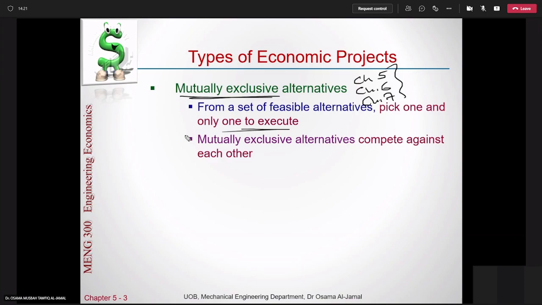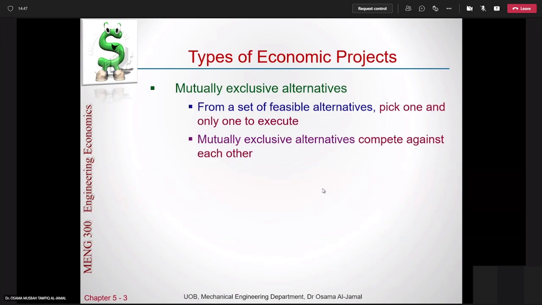If it's an investment of projects and all of them are negative, what are you going to do? Are you going to select any one of them? Of course not. So what will happen? You will search for other projects.